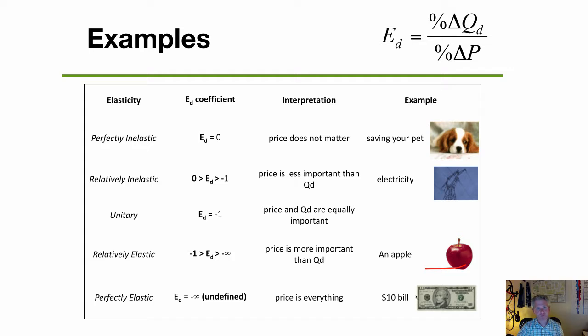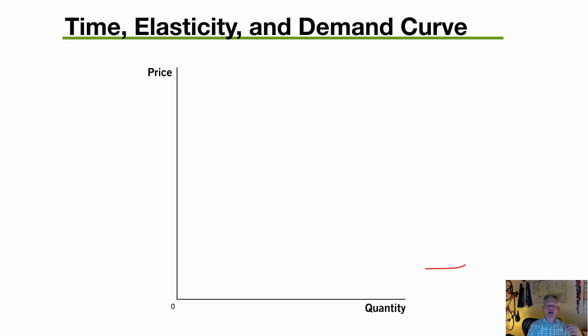One more thing: time, elasticity, and the demand curve. Lots of things have short-run demand curves that are inelastic. Housing in an area is often inelastic. If the price changes tomorrow, there's going to be no quick change in the quantity demanded.